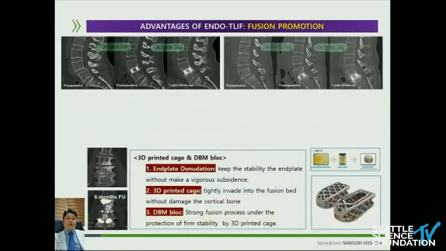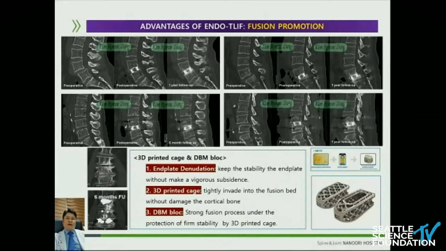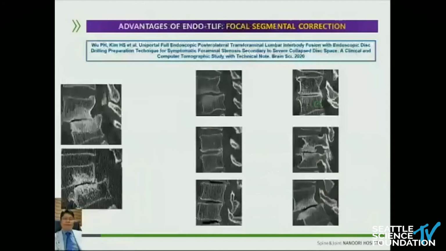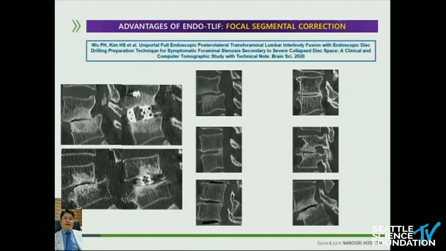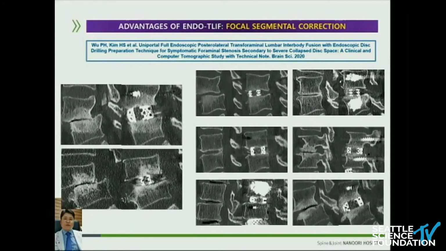Uniportal full endoscopic TLIF has several advantages compared to open TLIF. The first advantage is that the fusion rate is high and the fusion process is fast. The factors involved are probably related to endplate denudation, the 3D printed cage, and the DBM block. The second advantage is that the disc height restoration is very, very good.